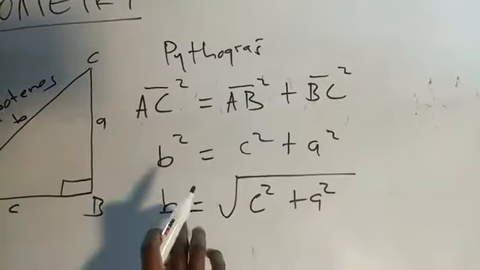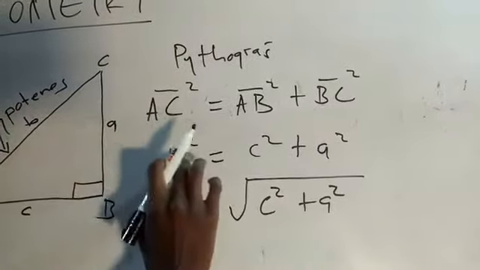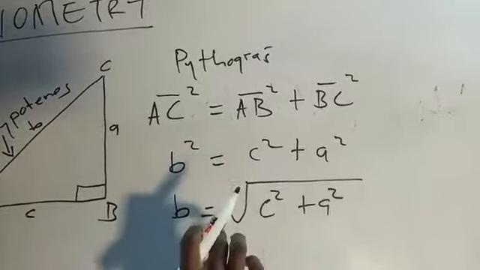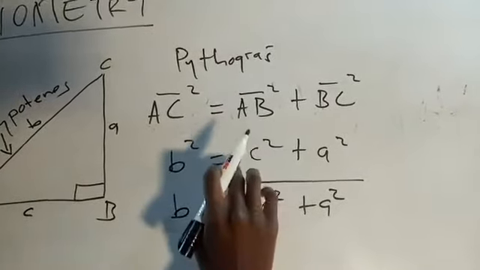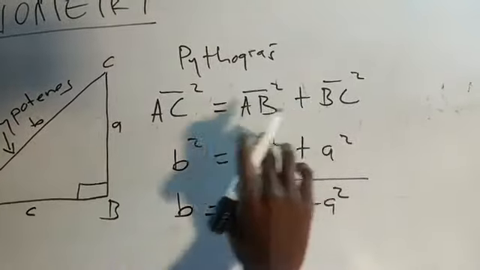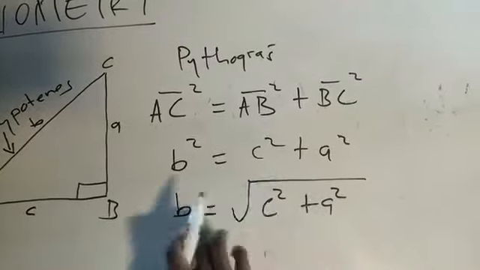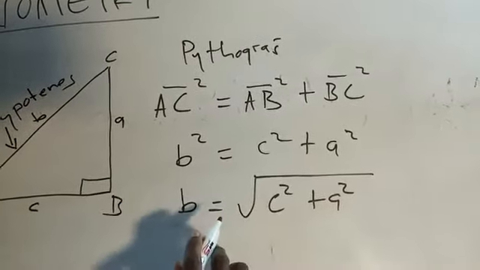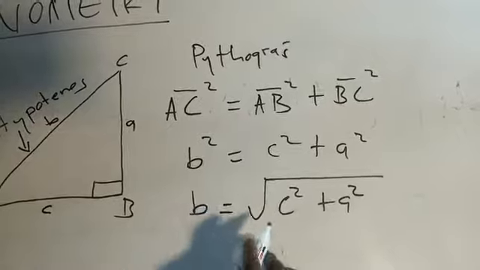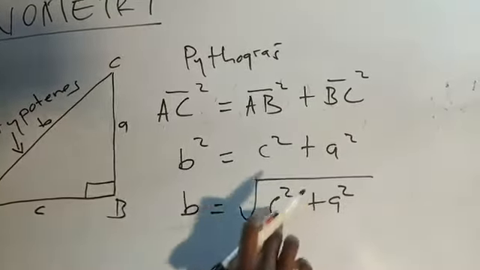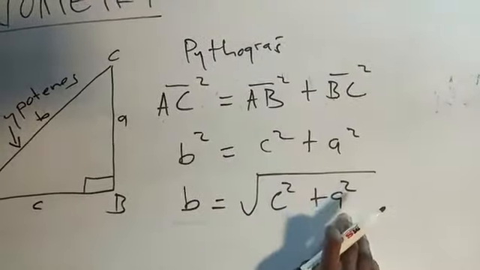But in finding B alone, we shall then square root the right hand side, becoming root of C squared plus A squared.